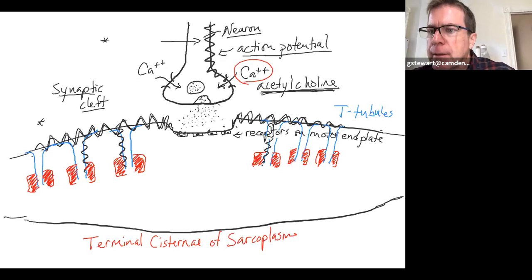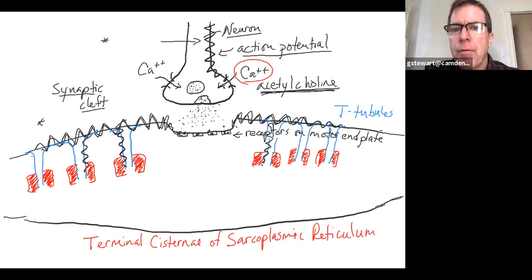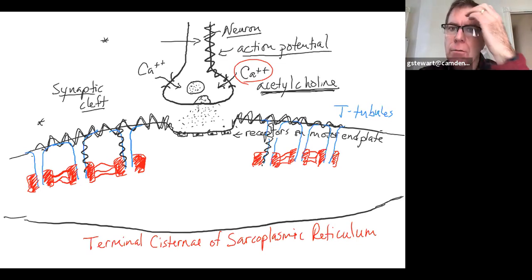Sorry, I'm writing with a plastic pen on a glass board. The sarcoplasmic reticulum network just means there's a tubular network that connects these things together. Really, they're continuous, they're not individual. The bulging sacs are the terminal cisternae. They store calcium ions.